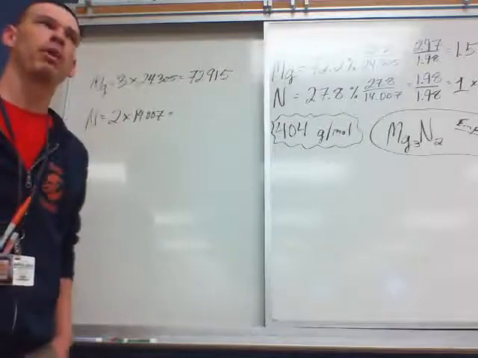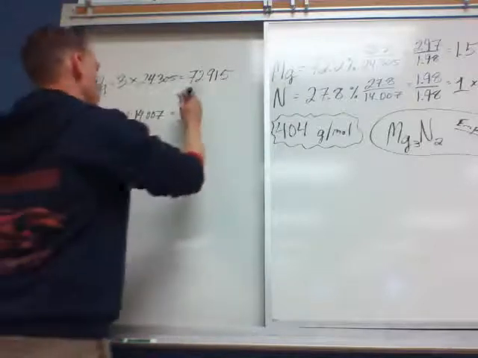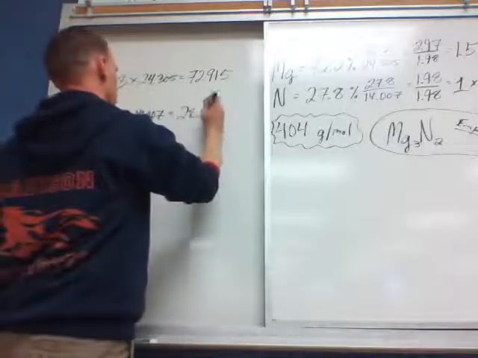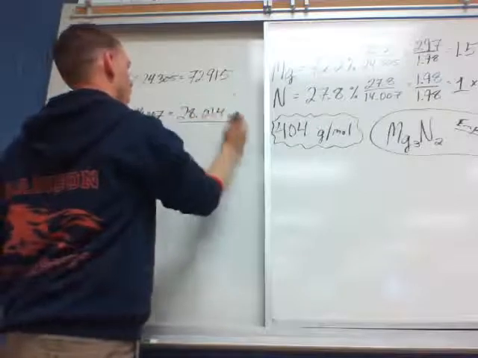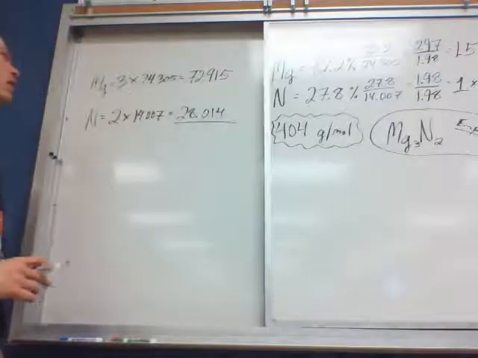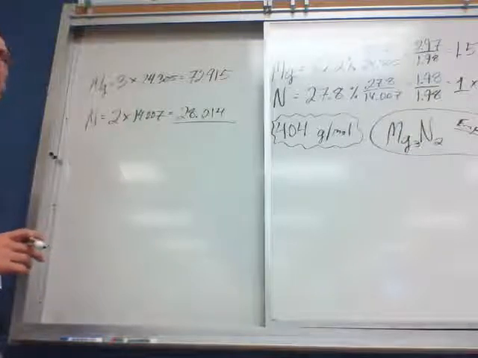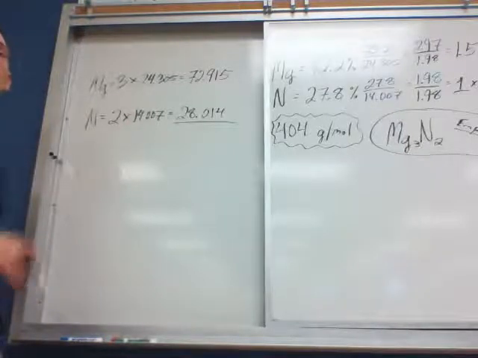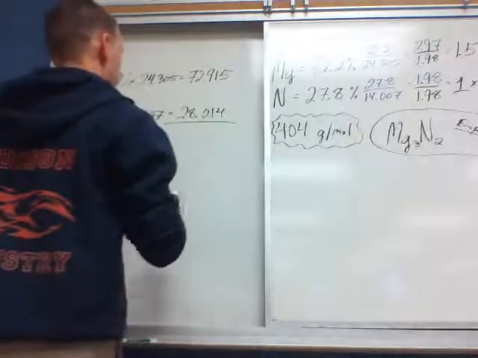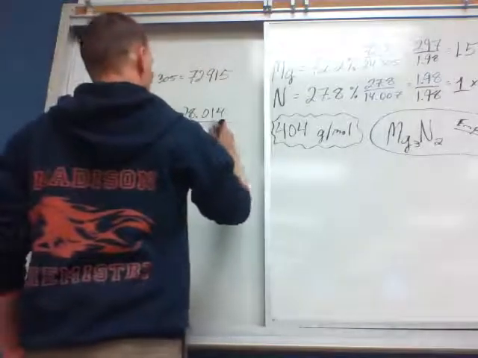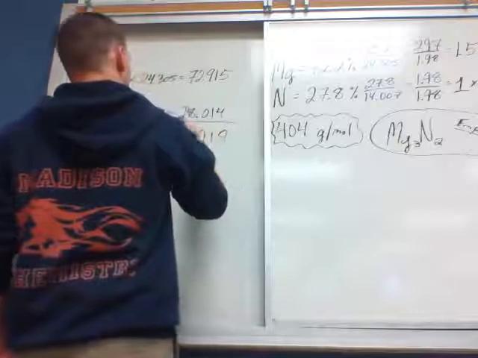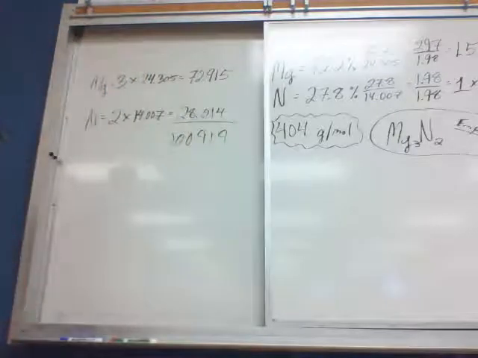I'm taking liberties with my brain here. Nitrogen will be 28.014. Add them together for the molar mass. We'll get 100.919.